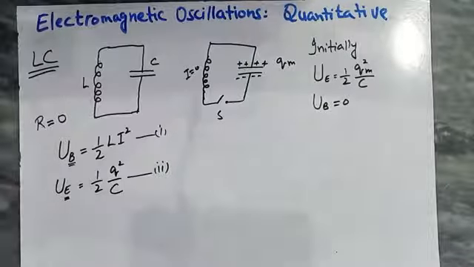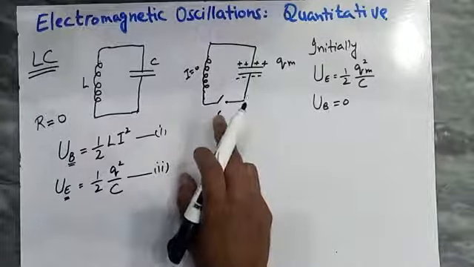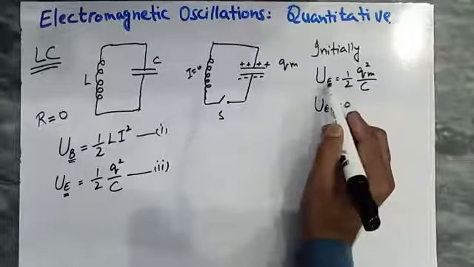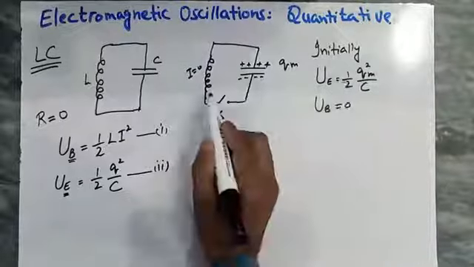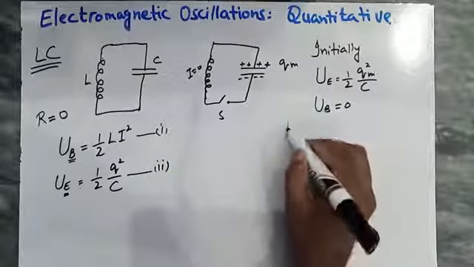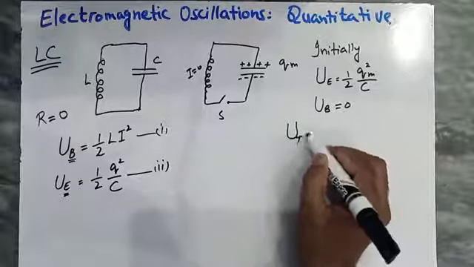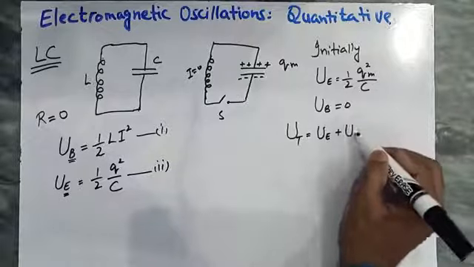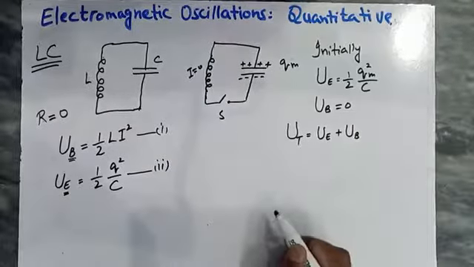So initially in our LC circuit, total energy is stored on plates of capacitor and in inductor energy is zero. But total energy is equal to sum of electric energy and magnetic energy.